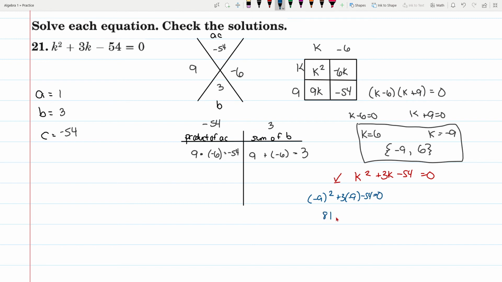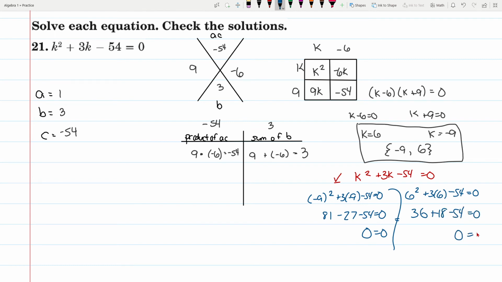So 81 minus 27 minus 54 equaling 0, which you get out to be 0 equals 0. On the other hand, we would have 6 squared plus 3 times 6 minus 54 equals 0. So 36 plus 18 minus 54 would have to equal 0, and it does. 0 will equal 0. So negative 9 and 6 are our solutions.